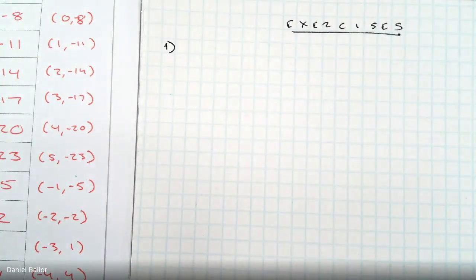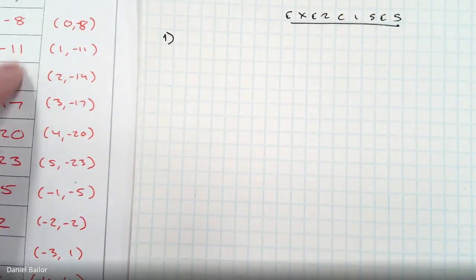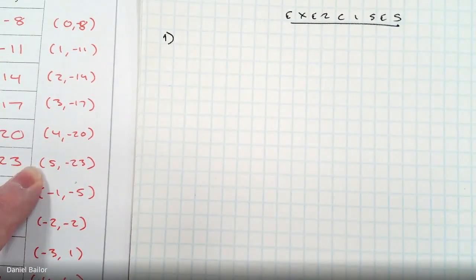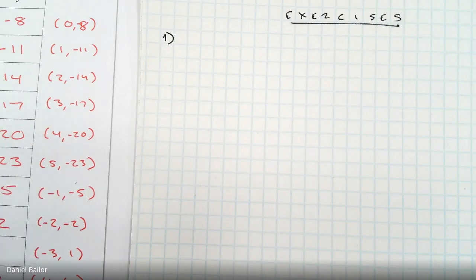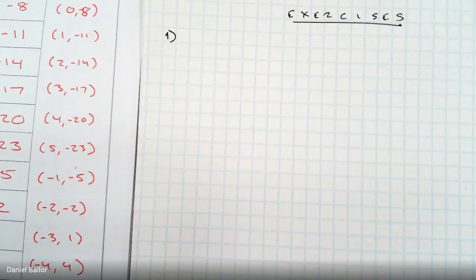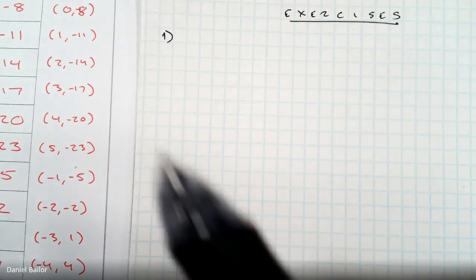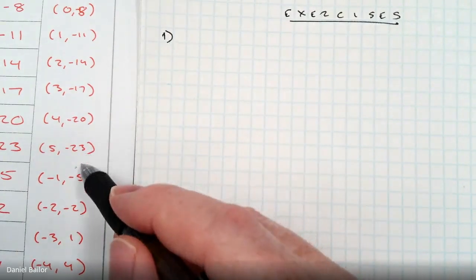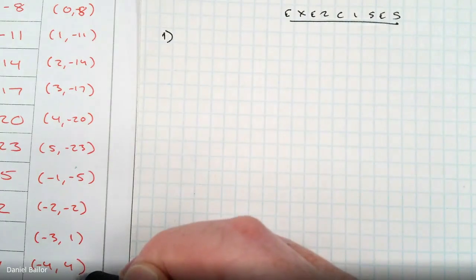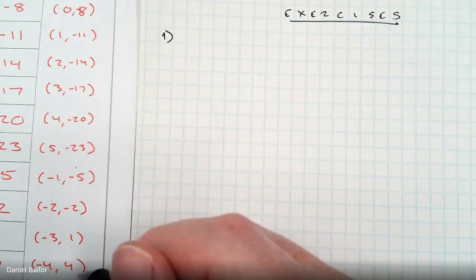Now, looking at my ordered pairs, my x's go from -4 up to 5, but my y's go from -23 up to 4. So I'm going to be super negative. I need lots of room on my negatives.